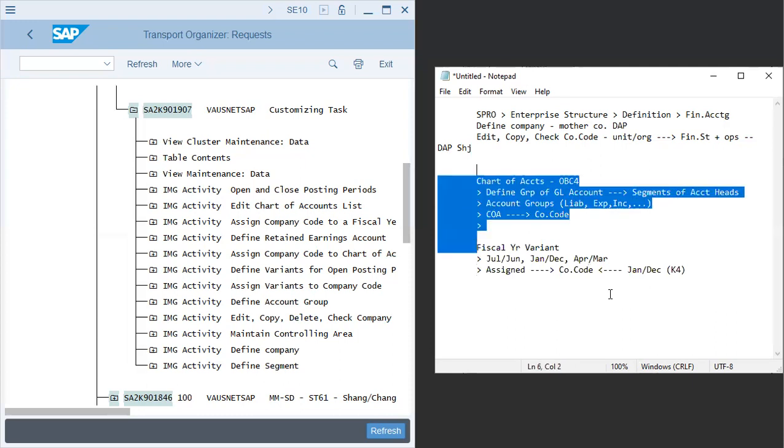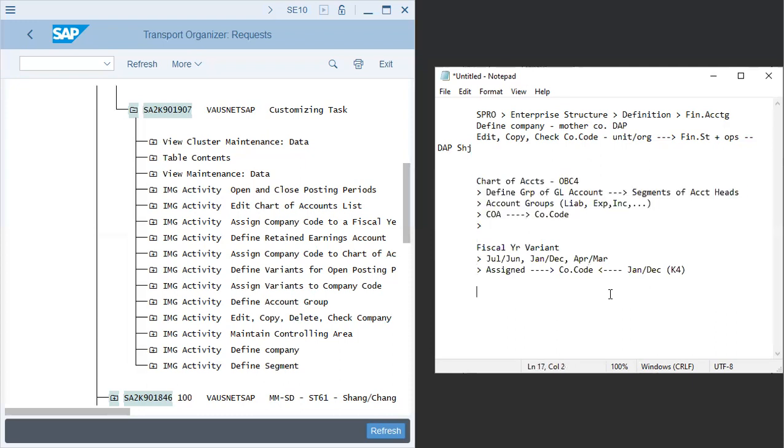Once fiscal year and chart of accounts are assigned, then we define controlling area. Controlling area is basically for profit center accounting and cost center accounting, and controlling area controls product costing, profitability analysis, and also controls company codes. 1:M is the relationship between controlling area to company code.